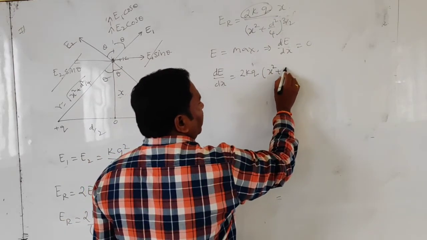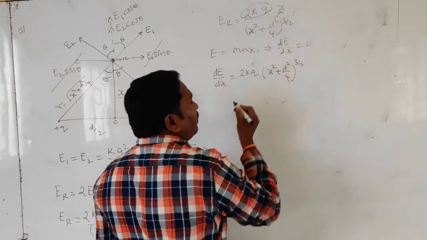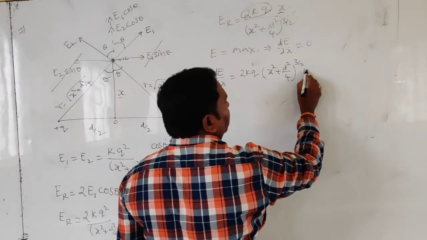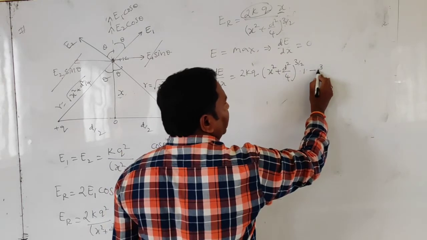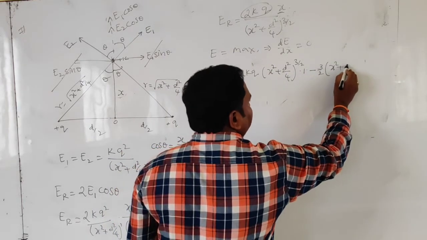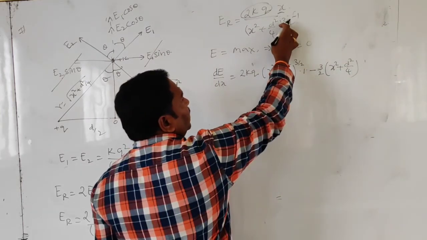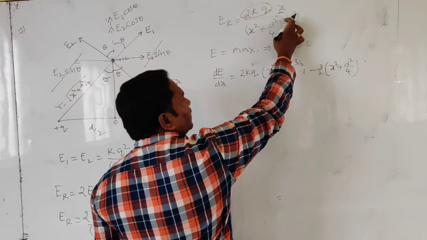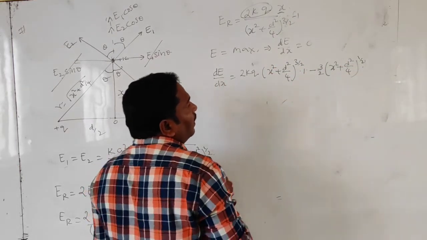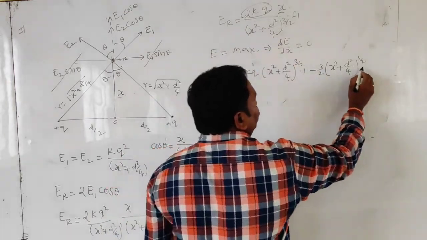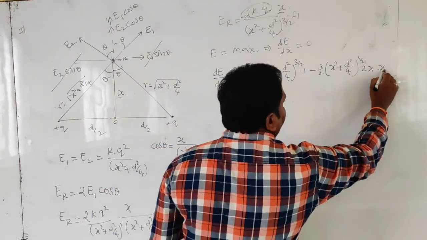So x square plus d square by 4 whole power 3 by 2 is constant, and differentiation of x is 1, minus x into differentiation of this, where the power is decreased by 1. So 3 by 2 minus 1 is 1 by 2, into differentiation of x square plus d square by 4 which is 2x, and again x is also there, so it's x into x.